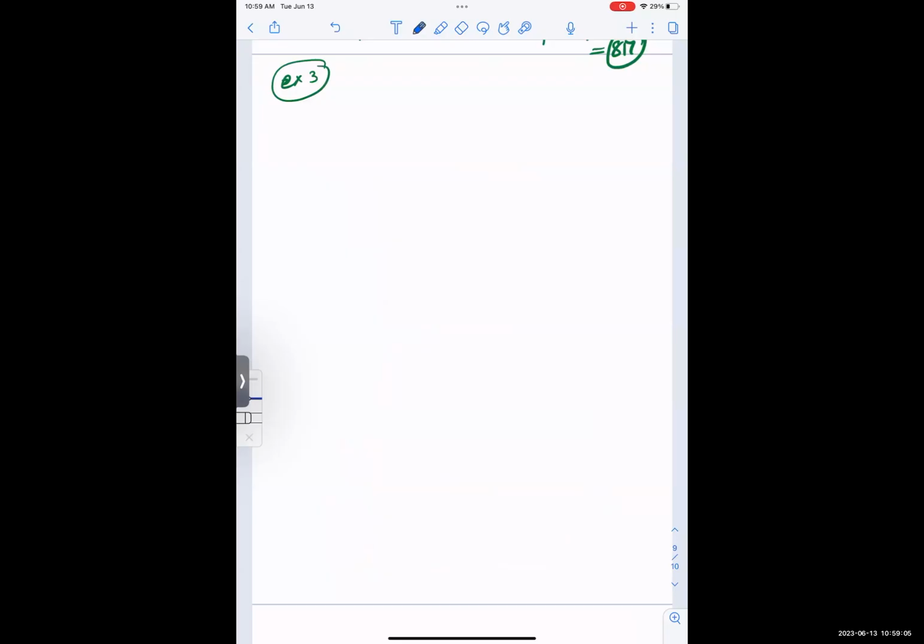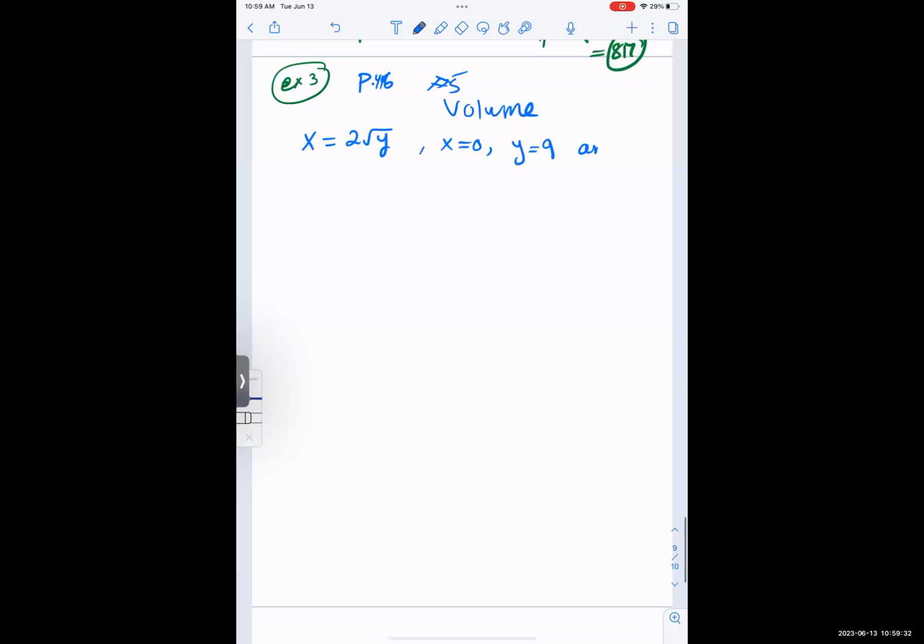It's coming from page, I think, 446, question number 5. x is equal to 2 radical y, x equal to 0, y equal to 9. You want to find the volume revolving this around the y-axis.